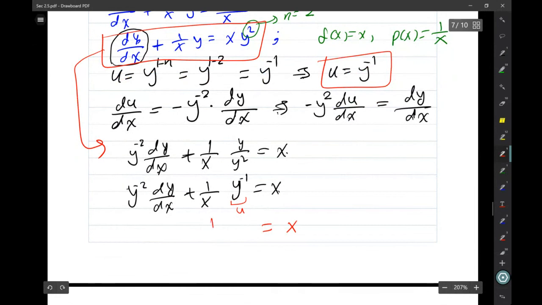So here we have 1 by x times u, all right, plus y to the power minus 2 dy by dx. It is what?